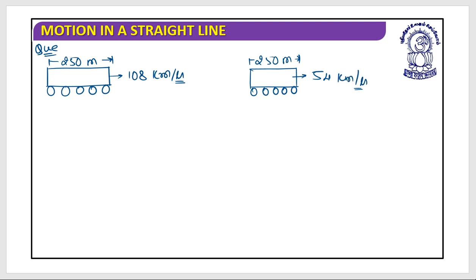These two trains seem to be on the same track, but they are moving on different tracks.